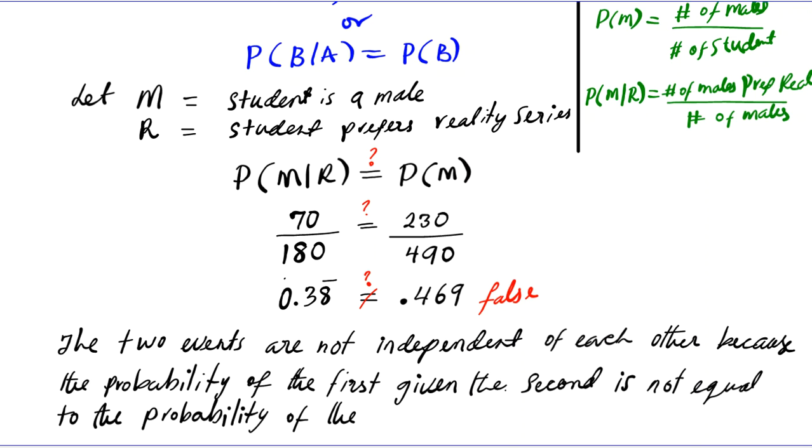You can use first and second, or you can specifically state what the first and second events are. So you can say that the probability of males given that they prefer reality series is not equal to the probability of a student being a male. Okay? Since those two probabilities are not equal, the conclusion is that the two events are not independent of one another.